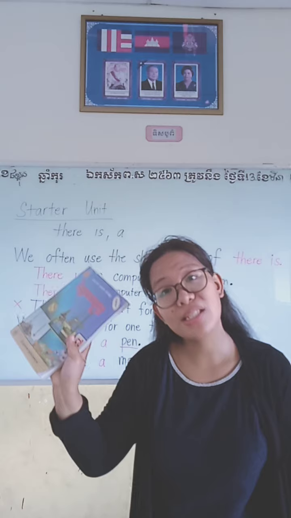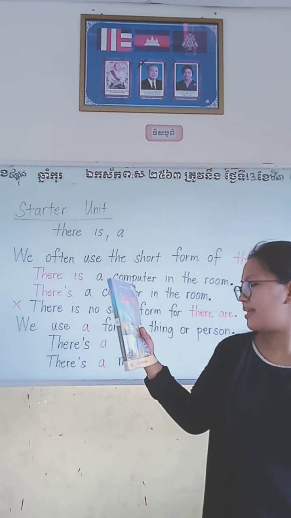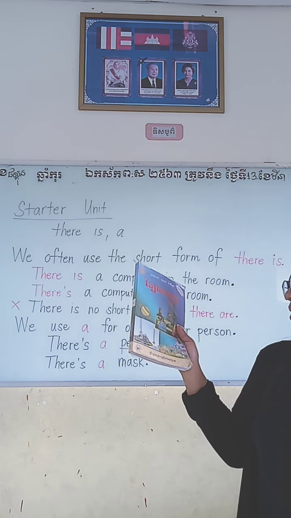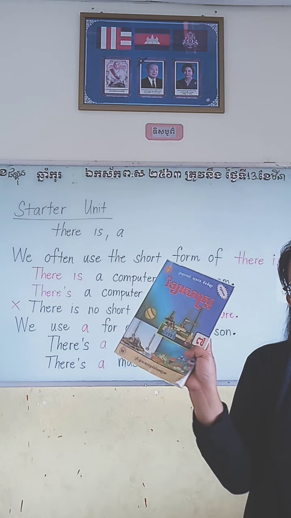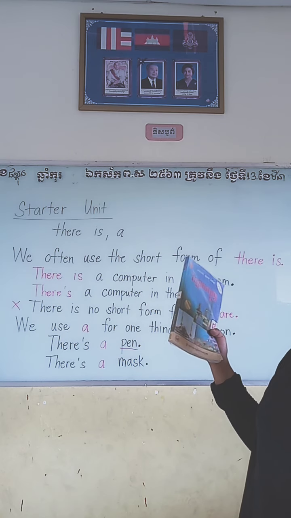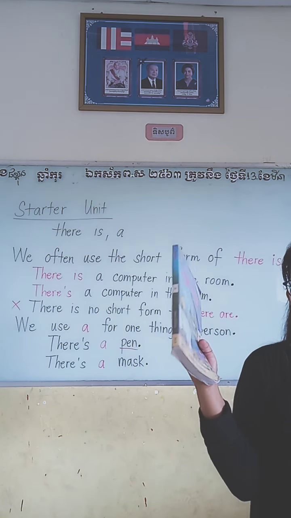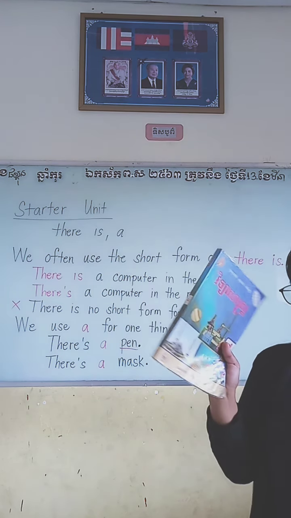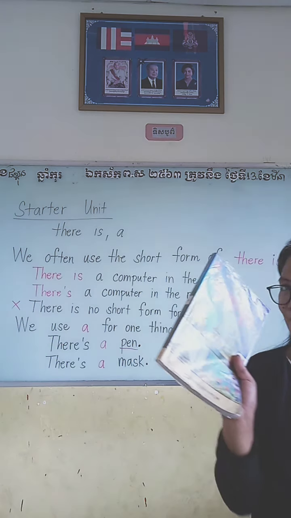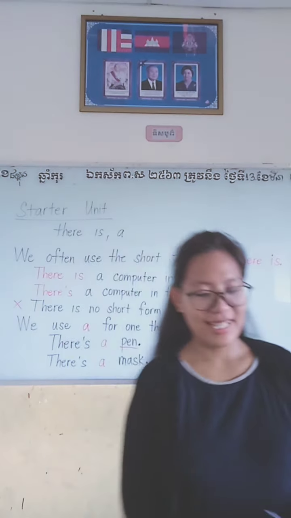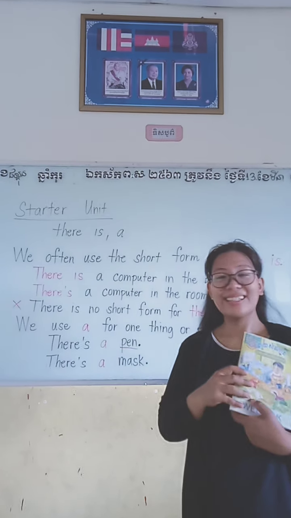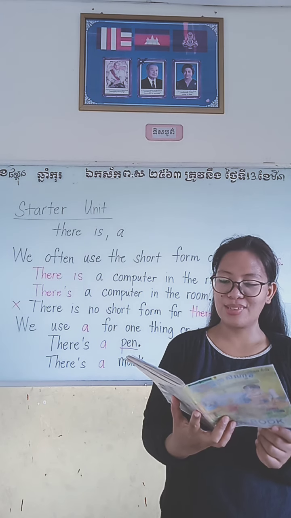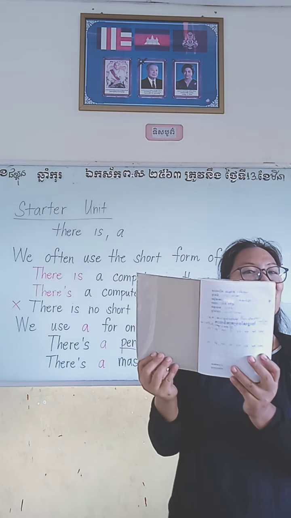I don't know who owns this one, but I can say that this is a chemistry book. So there's a chemistry book. Very good. And the last, there's a notebook. There's a notebook.